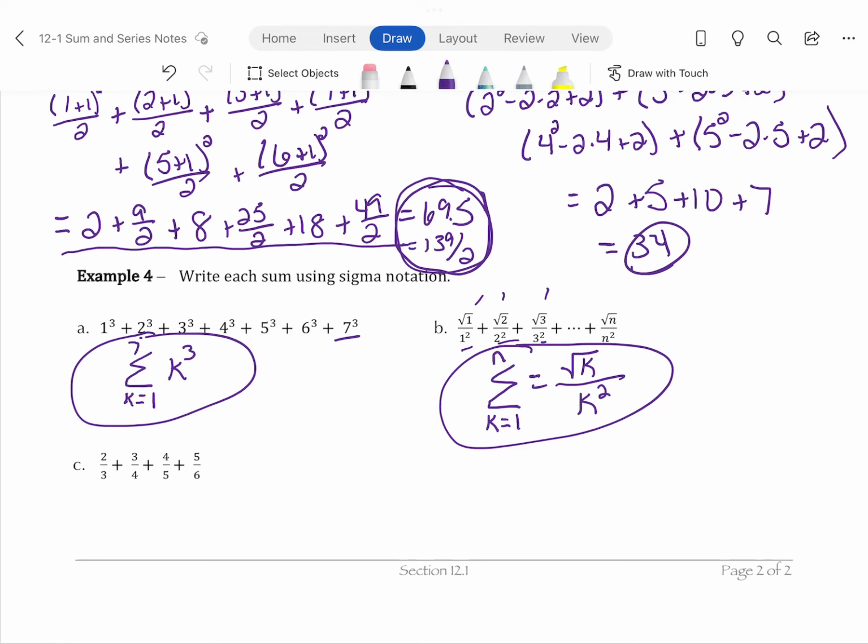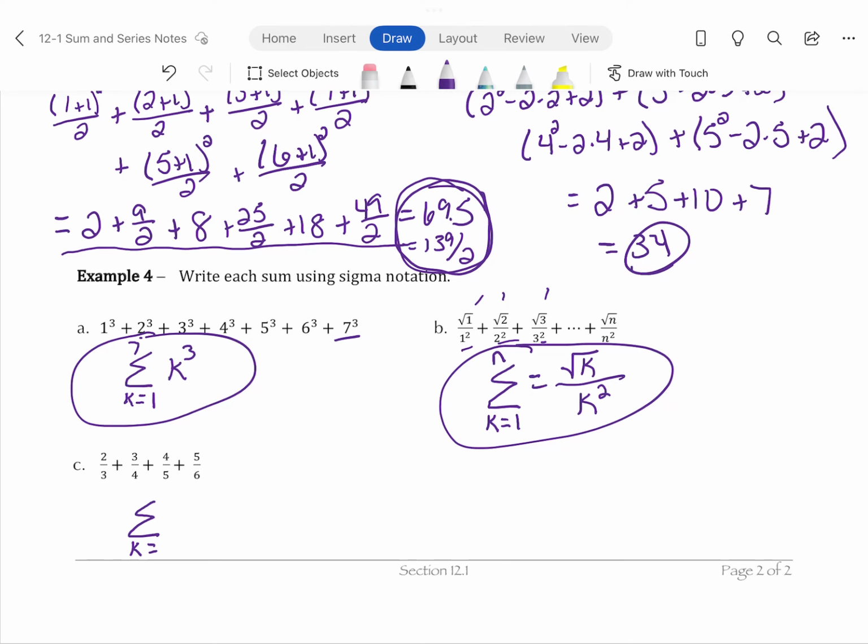So our last one, whenever you have fractions, this time I'm going to do my k equals, and I'm not going to know exactly what we're doing, but look at what is happening every time. I'm not starting at 1. There's no 1 in there, so it's possible that this k doesn't start at 1. I go 2, 3, 4, 5, so I'm going up by 1s.